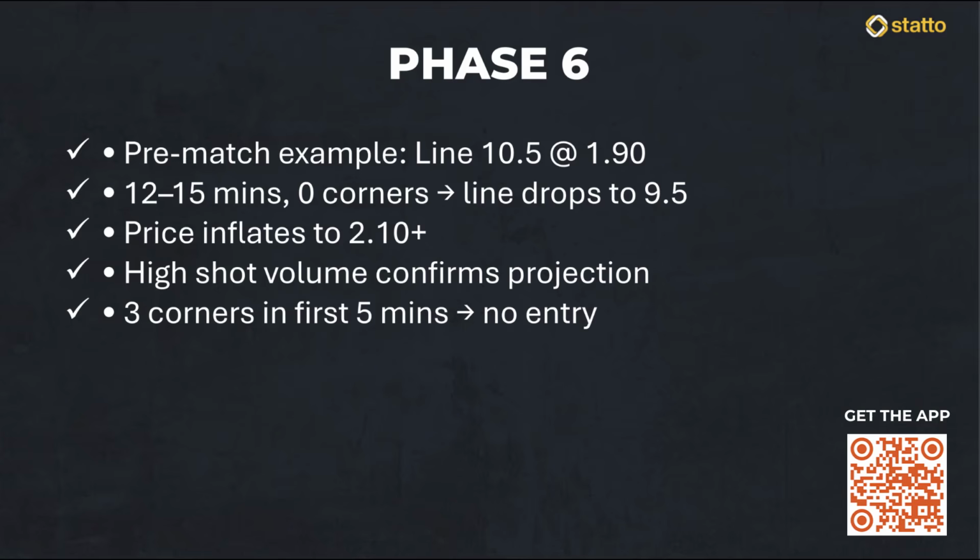However, we also have a burst rule. If there are 3 corners in the first 5 minutes, we do nothing. The edge has been swallowed by the early action and we simply move on to the next game. It is this combination of pre-match projection and in-play discipline that separates a professional from someone who is just gambling.